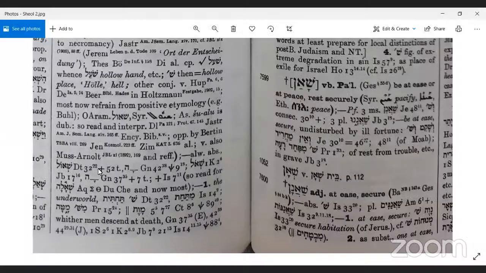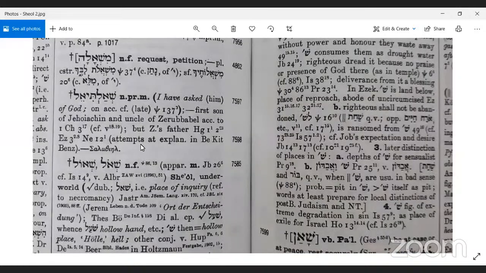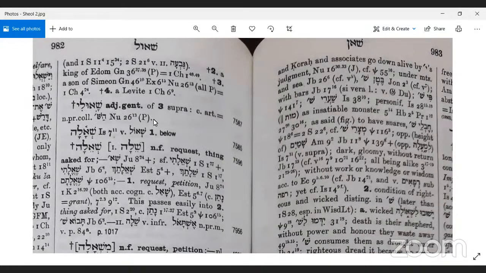When I was trying to look this word up, it was a little bit difficult for me to find it. 7585. Do y'all see it right here? I need to mark it. Y'all see it? Okay, all right, so that's our Strong's number.